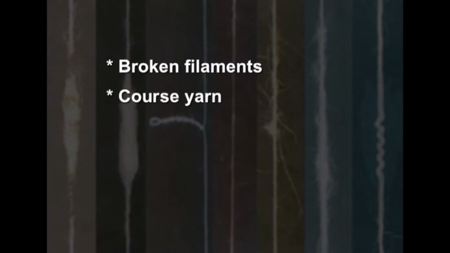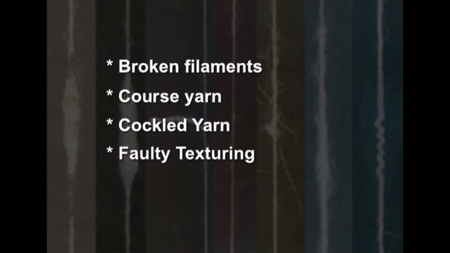A coarse yarn is a yarn of substantially and unacceptably greater thickness than that of the adjacent yarns. Cockled yarns are small slub-like irregularities in the yarn that are readily extensible and cause loop distortion. Faulty texturing means portions of a bulked yarn that differ from the normal yarn in respect of degree of crimp and similar distortions of the filaments.